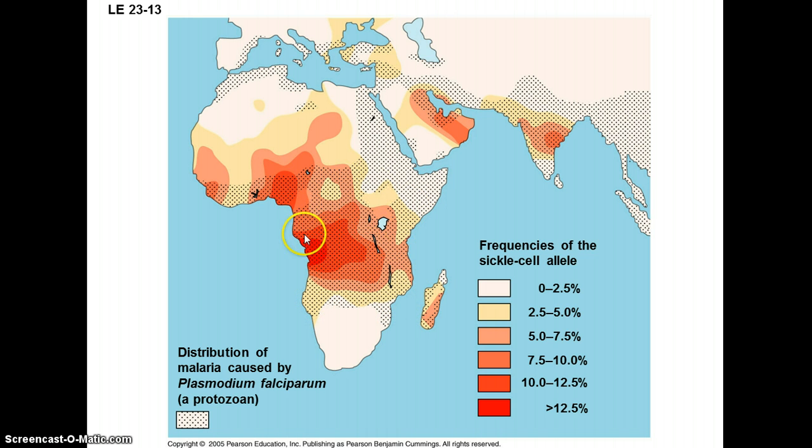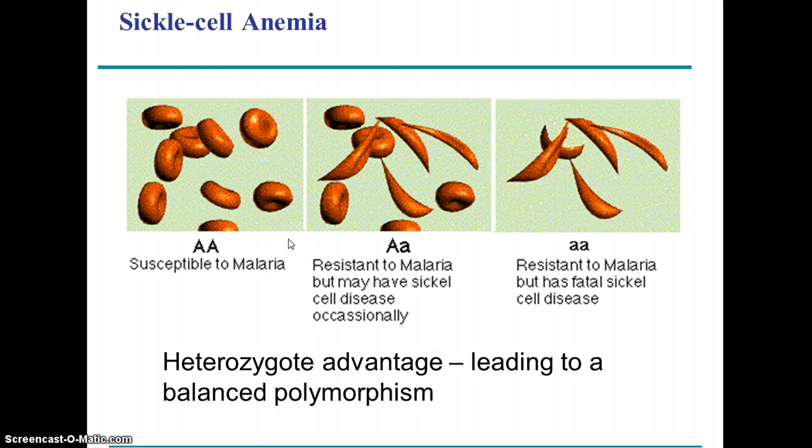In particular, in regions where there are high rates of malaria, those heterozygous individuals are favored because they are somewhat immune to malaria, whereas the ones who do not have the sickle cell allele will get malaria, and the ones that are homozygous for the sickle cell allele will have sickle cell anemia. But those heterozygotes have an advantage here because they don't have full-blown sickle cell, and they're also somewhat immune to malaria. Heterozygote advantage. And there you go.